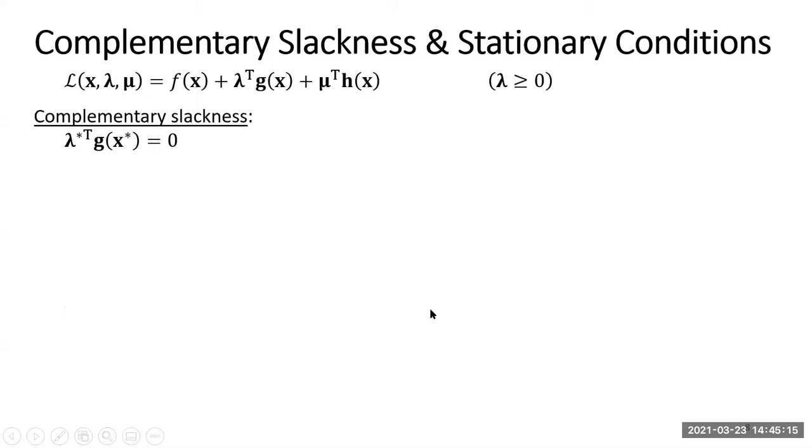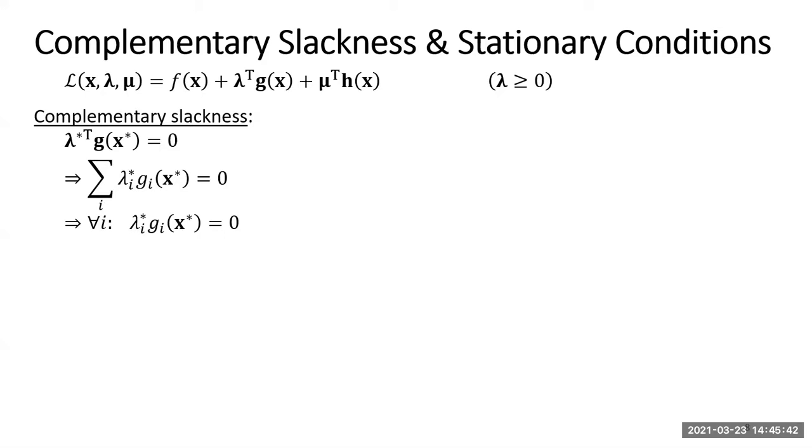Then we have the complementary slackness and stationary conditions. The complementary slackness condition is this: lambda star transpose g of x star must be equal to 0. In other words, in terms of scalars, the summation over i of lambda i star g i of x star must be equal to 0.